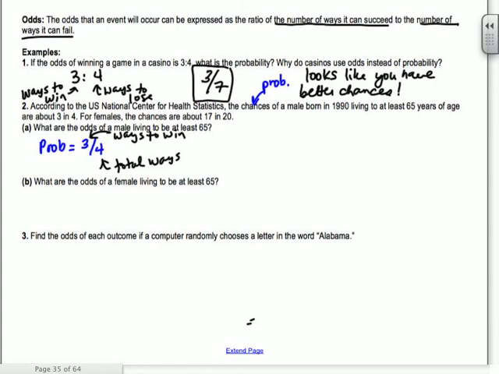So how many ways can you not win? 1, right? So there's 3 ways to win out of 4 total ways. So that means one of those ways had to be unsuccessful. One of those ways you would die. So your odds are 3 to 1. So basically you take that bottom number in your probability and subtract out the top number.